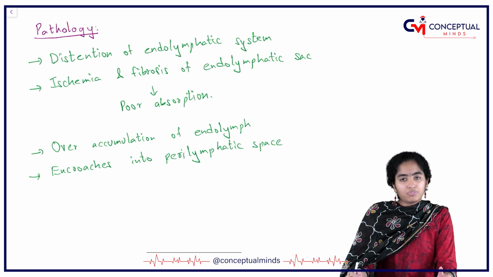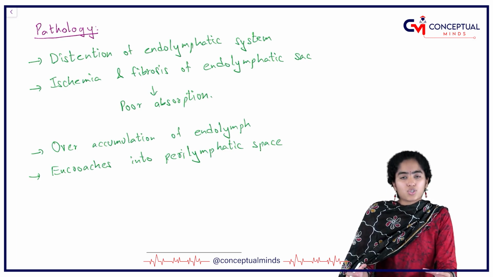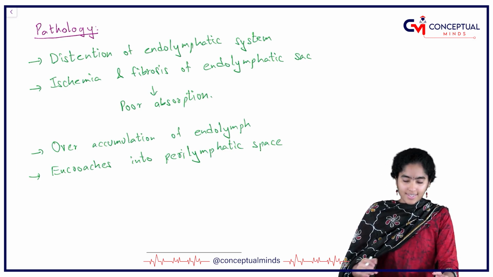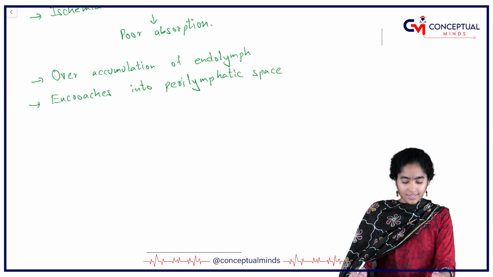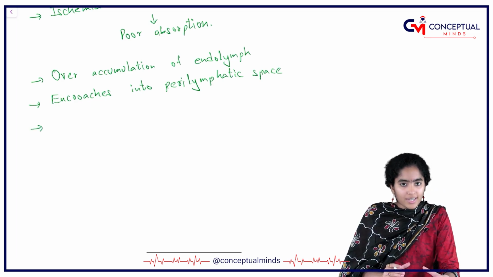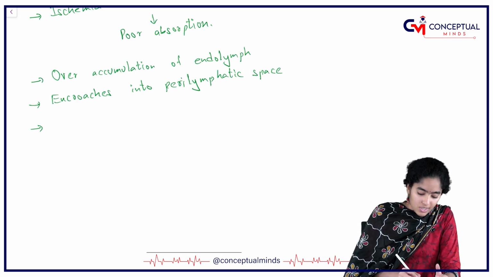Where is the perilymph present? In the scala vestibuli and scala tympani. So this endolymph is encroaching into the perilymphatic space, and so there is distortion of the membranous labyrinth. There is distortion of various chambers and alteration in the size of the endolymphatic duct and sac, along with reduction in the tubular specializations of the lining of these structures.